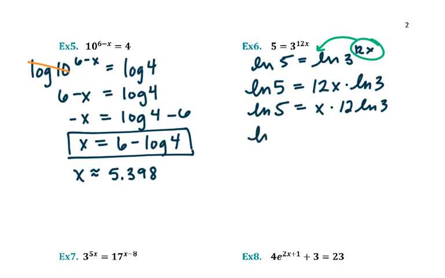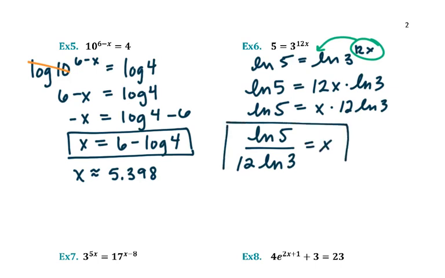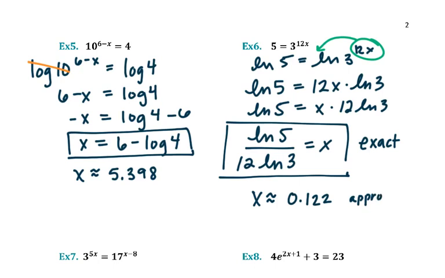And doing that gives me the natural log of 5 over 12 natural log of 3 equals x. That's my exact answer. And my approximate answer I would get by typing that straight into the calculator, 0.122. So exact versus approximate.